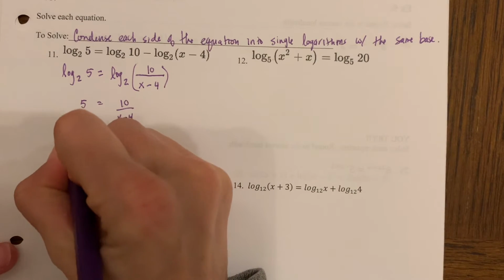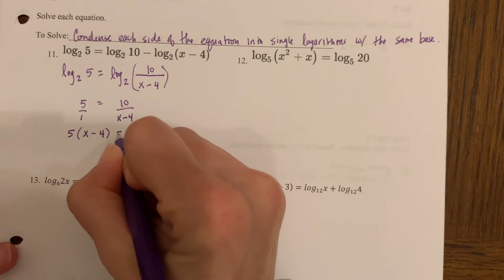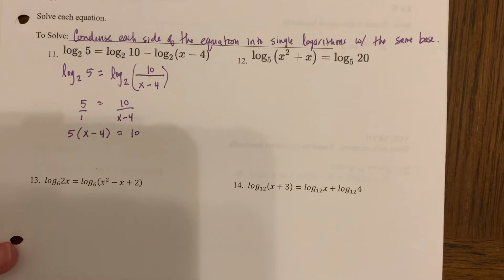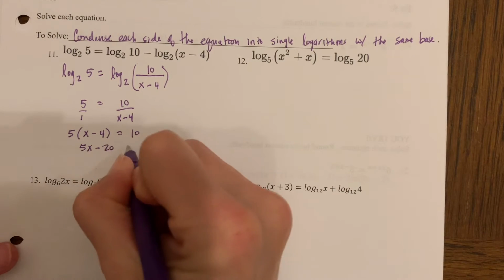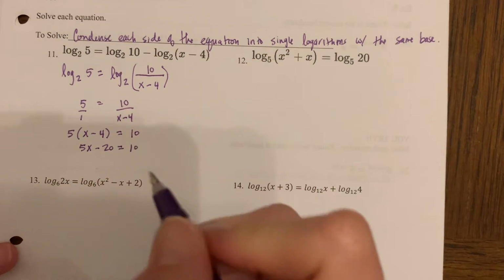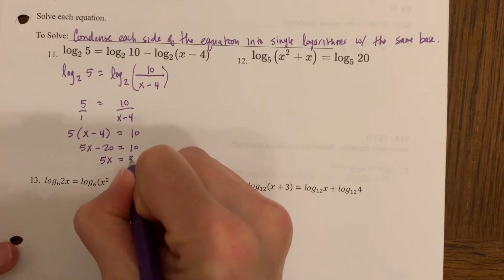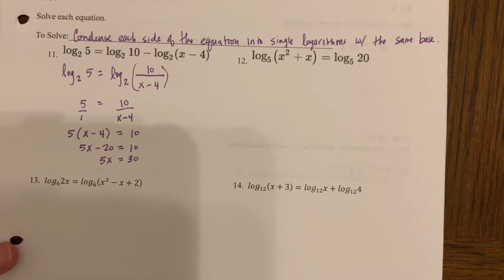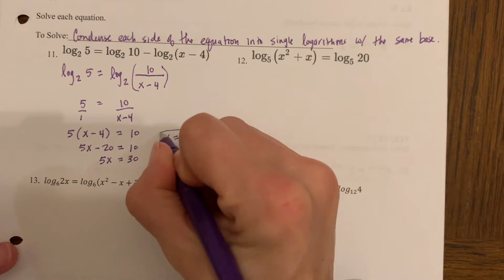So I can take 5 times the quantity x minus 4, and 1 times 10 is 10. If I distribute, we have 5x minus 20 equal to 10. I can add 20 to both sides, so 5x is equal to 30. Divide both sides by 5, and x equals 6.